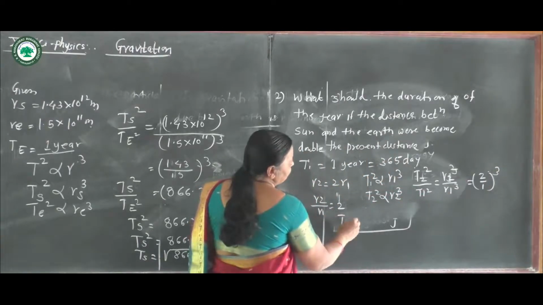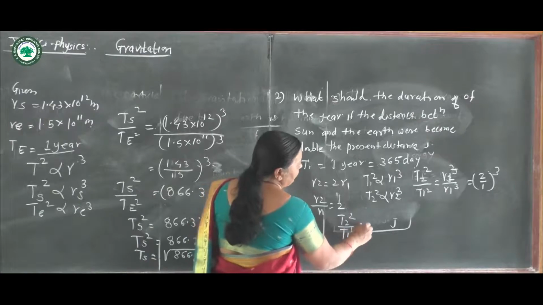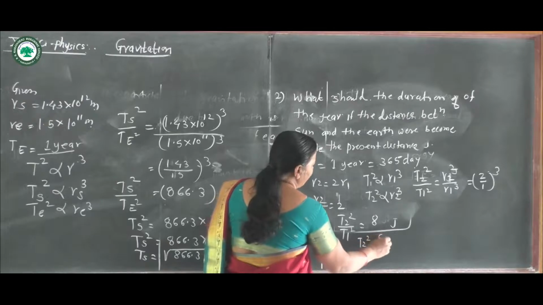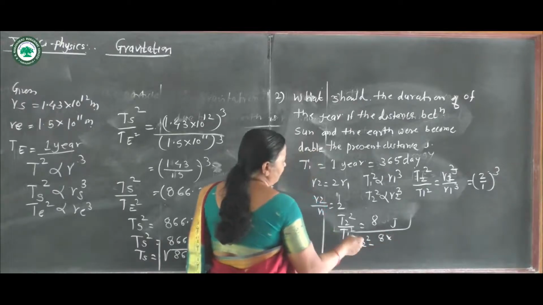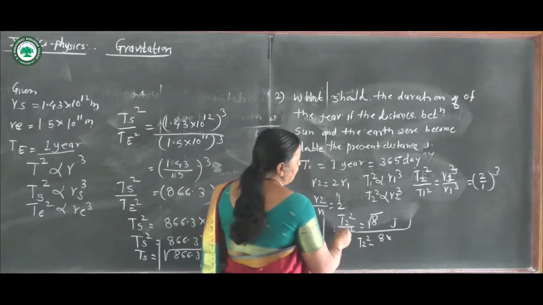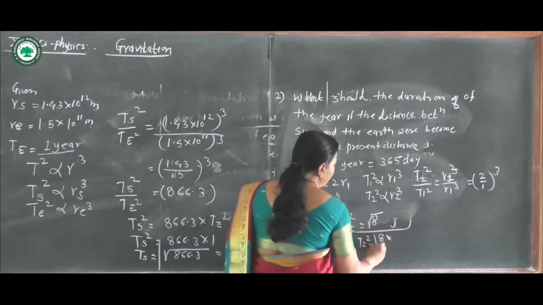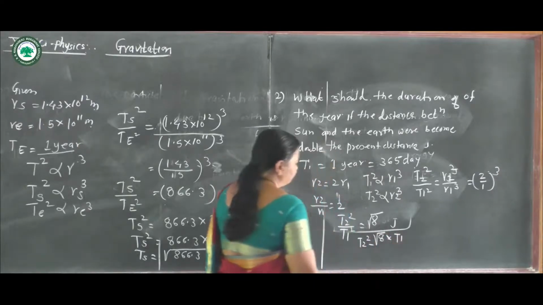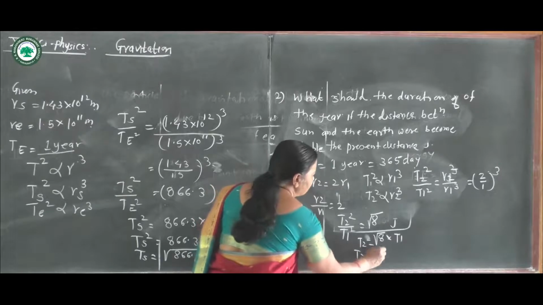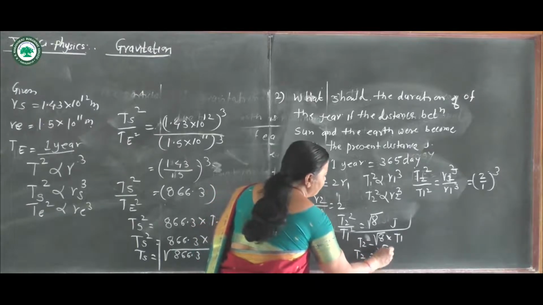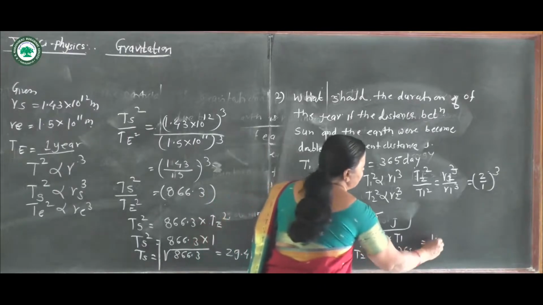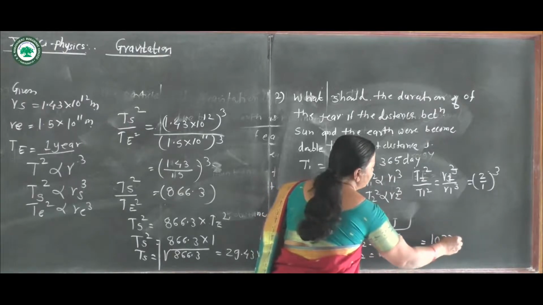Then T2 square divided by T1 square is equal to 8, and T2 square is equal to 8 multiplied by T1 square. Then T2 is equal to square root of 8 multiplied by 365, and the correct answer is 1032 days.